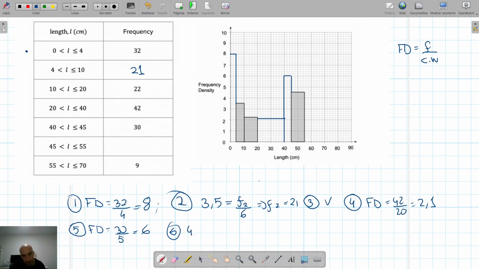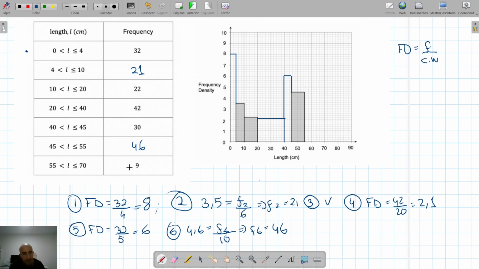So 4.6 equals whatever the frequency is divided by the class width, which is 10. So the frequency here is 46. And then our last one, which is 55 to 70.